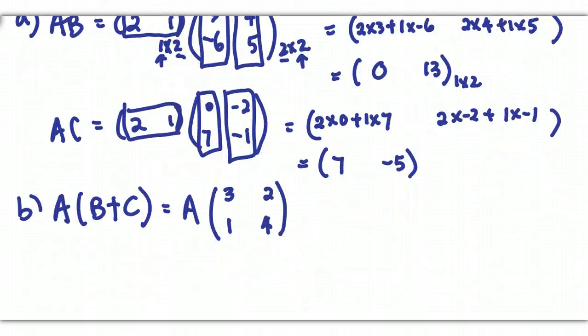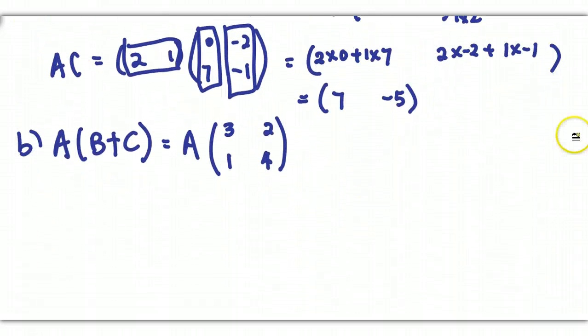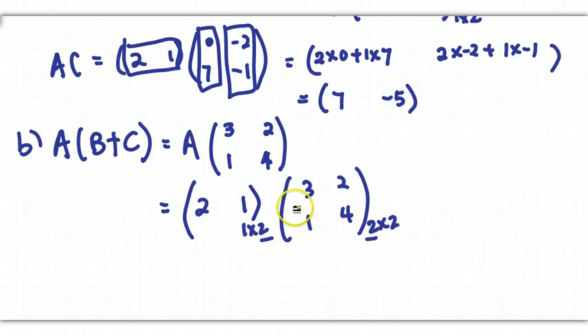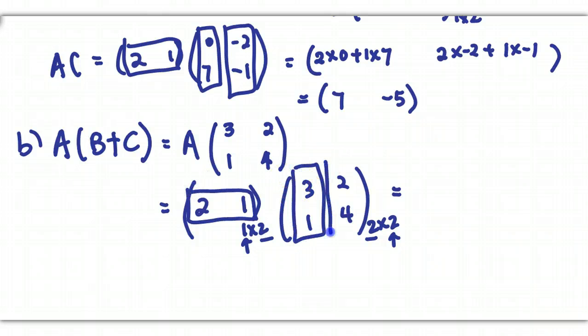So I will get A times this matrix here, and A is actually equal to 2, 1. Again, this is a 1 by 2 matrix, this is a 2 by 2 matrix. First test, pass. The final order is a 1 by 2 again. To help myself, divide the first matrix into rows, second matrix into columns.